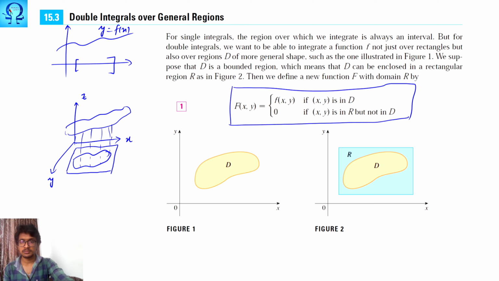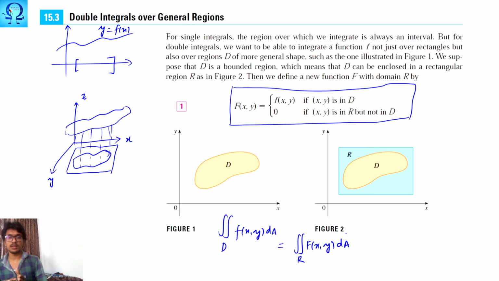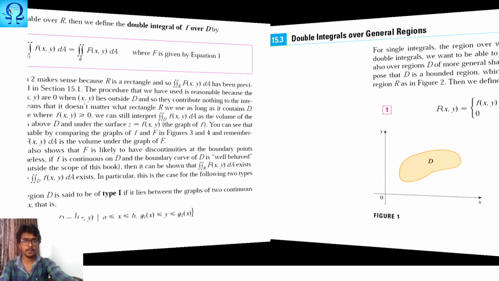The integral over D of f of x, y with respect to the area is the same as the integral over R of big F of x, y over the area. So this is the ideology by which we will do it for general regions, right?